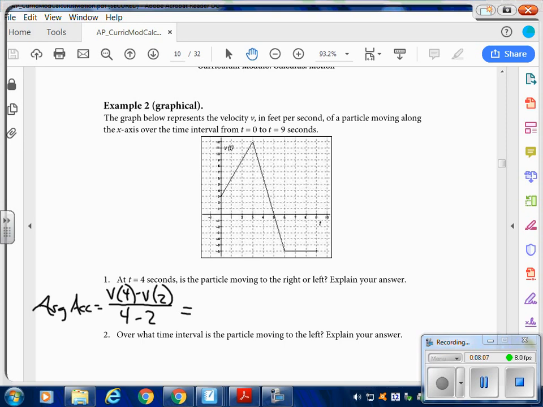Because average acceleration is the slope calculation of the velocity. If I had a formula and took the derivative, it would turn the velocity into acceleration. So if you don't have a derivative to take, then you can do an approximation with a slope formula.